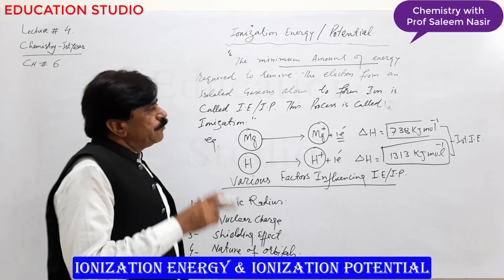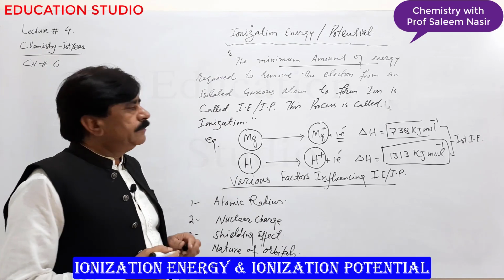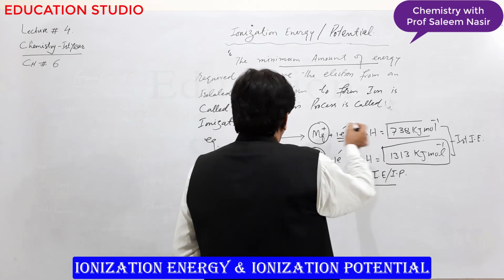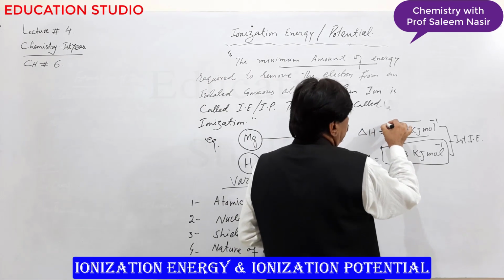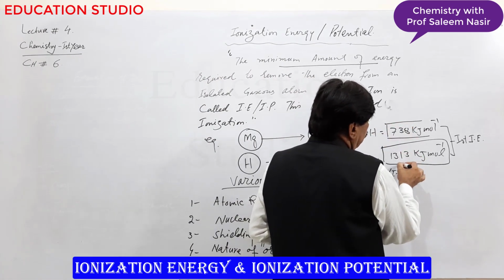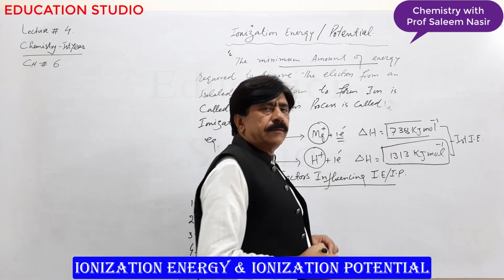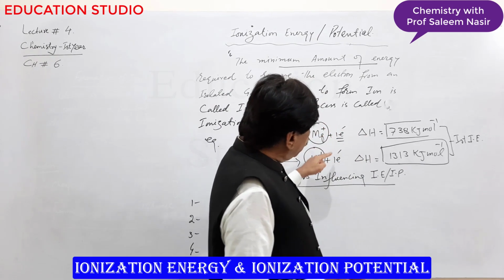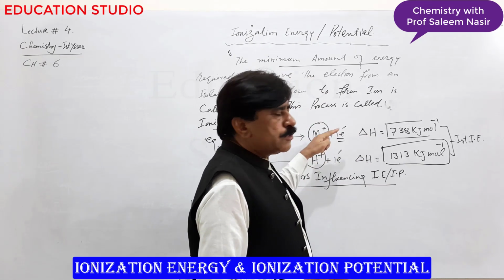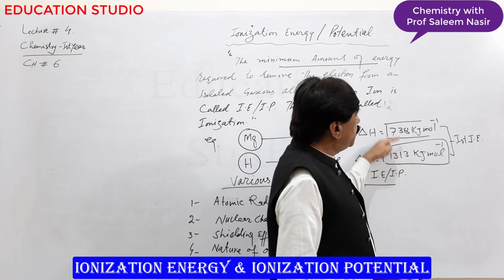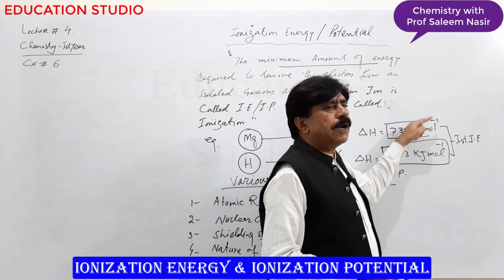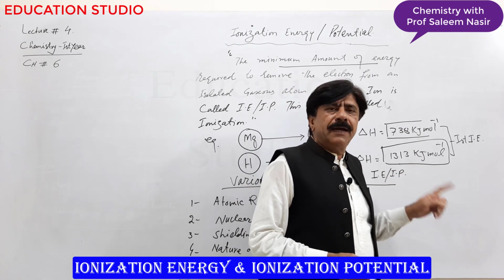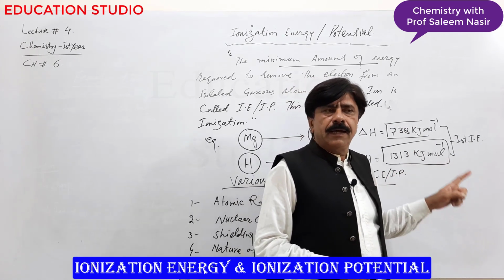Students, one thing is also important to know: these energies for magnesium and hydrogen are required to remove one electron from each atom, so that energy is called the first ionization energy.